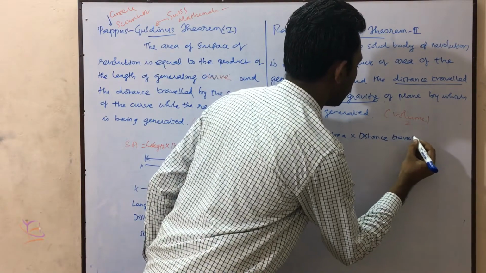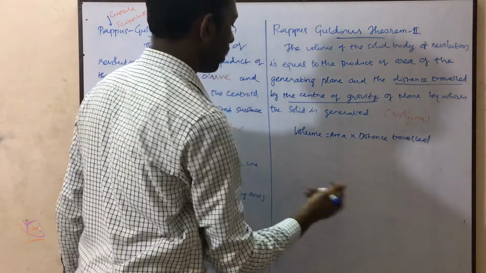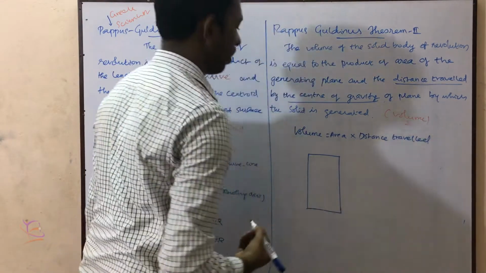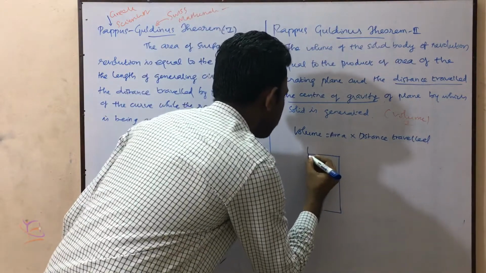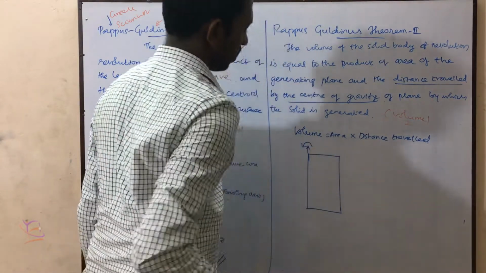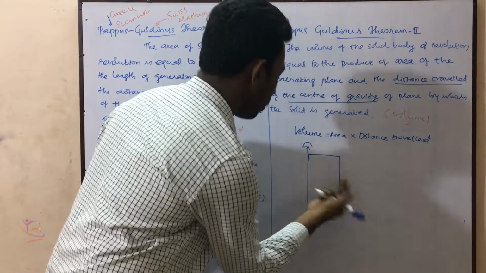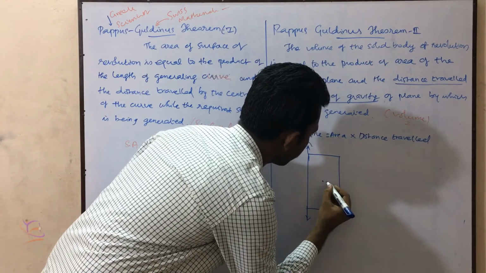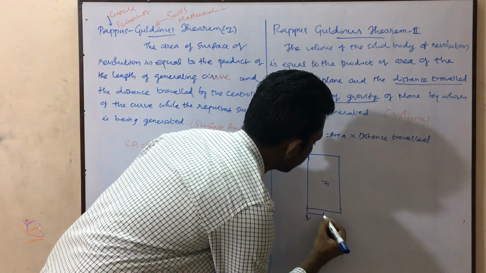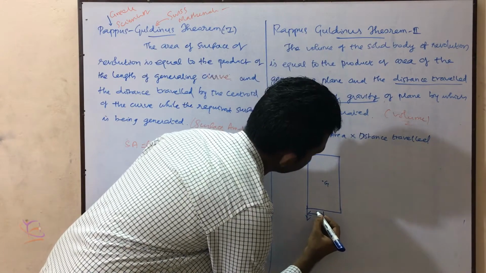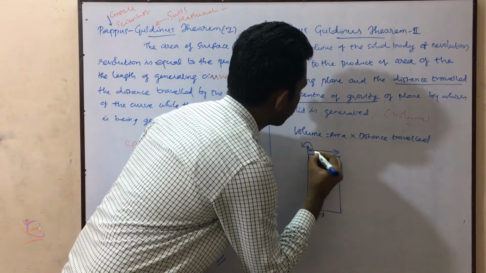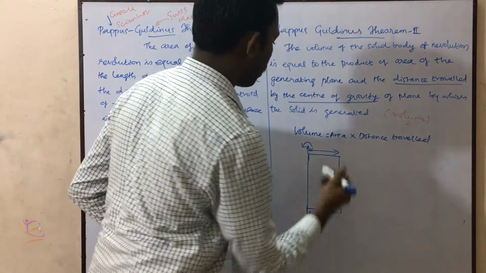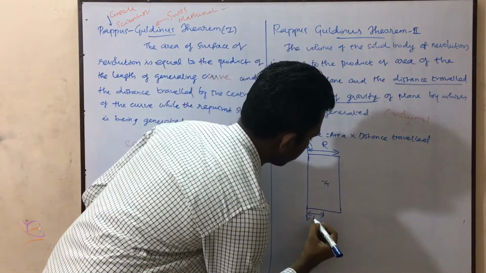This I can also explain with a diagram. Take a rectangular plane. This is taken as the axis of revolution. The centroid point, or center of gravity, will be here. I am taking the total as r, and this is r by 2.